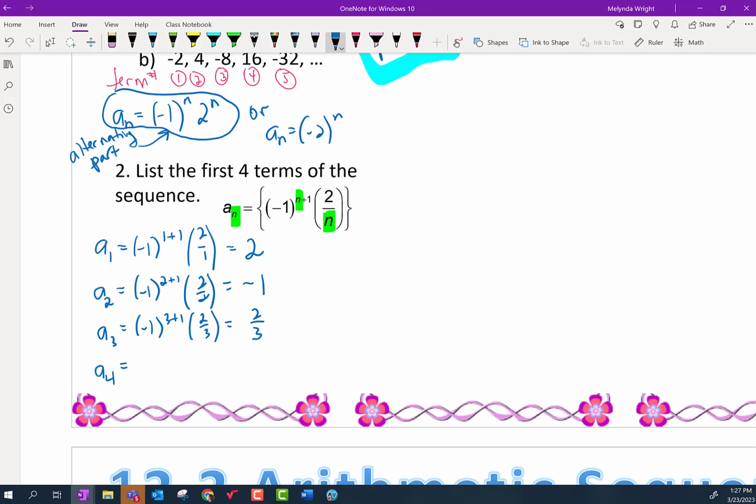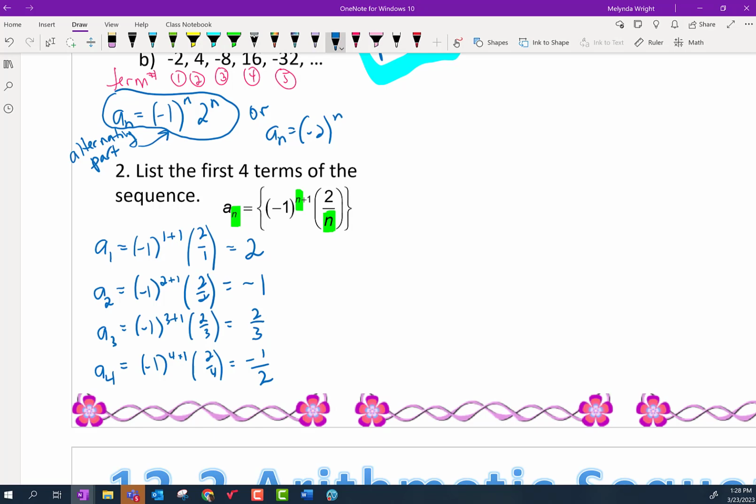And my very last term, let's put 4s in there. So I have -1 to the 4 plus 1 times 2 over 4. -1 to the 5th is -1, and 2/4 reduces to 1/2. So I have -1/2.